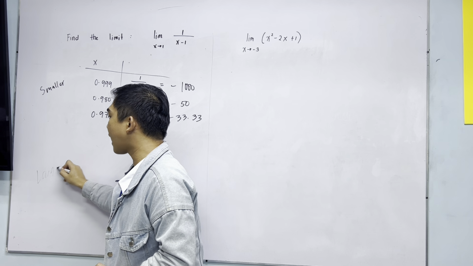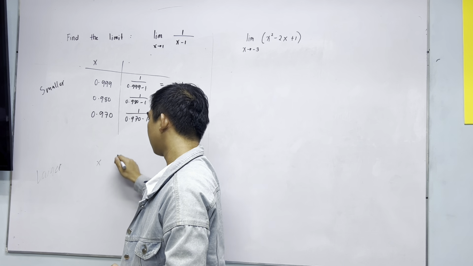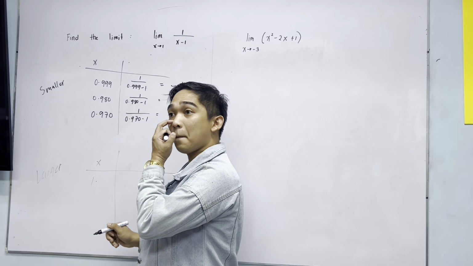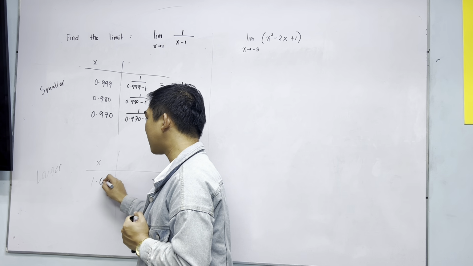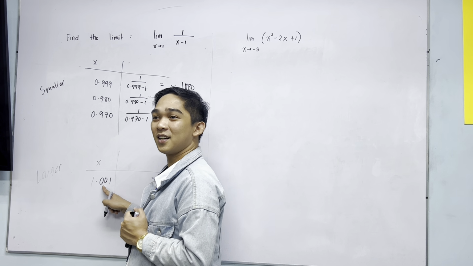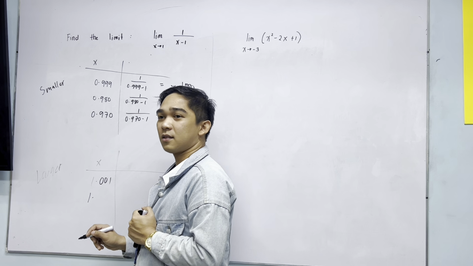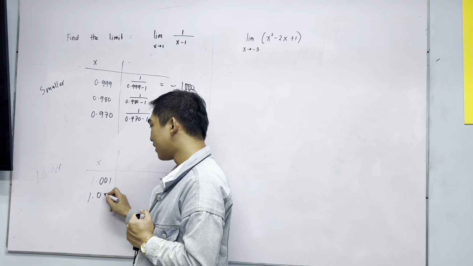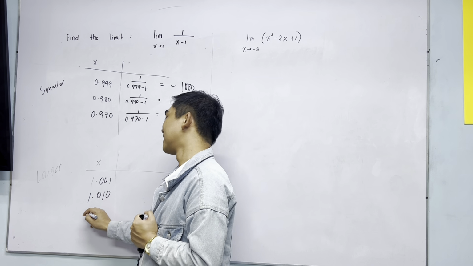Larger number naman tayo. Larger number sa 1. Ano yung mga yon? 1.001. Pwede bang 1.001? Yes. Ano mas malaki? 1 or ito? Pwede naman. 1.010. Ano mas malaki? Ito or yan? Yan.